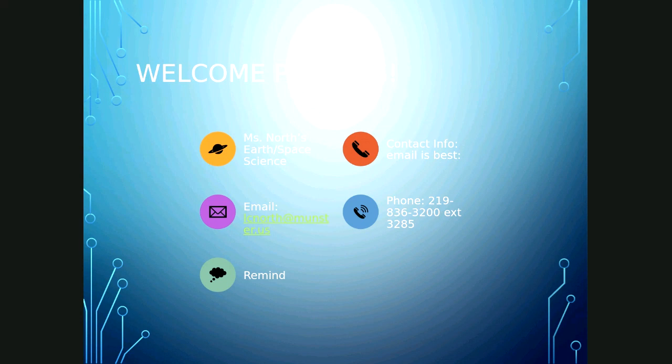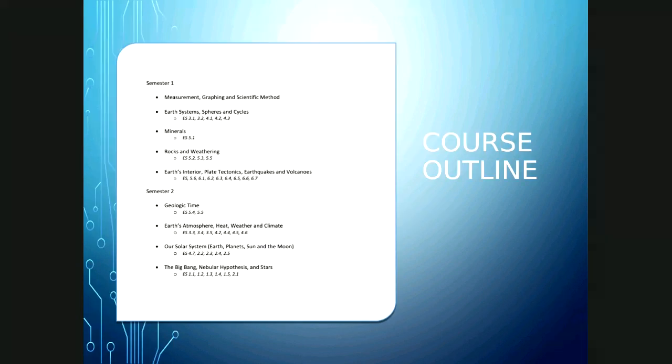As far as the course goes, it is a full year. Some things that we go over, like right now, we're going over measurement. We will also be going over scientific method and graphing. Later on, they did have a quick little lab safety quiz.